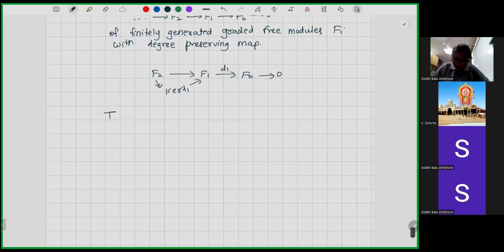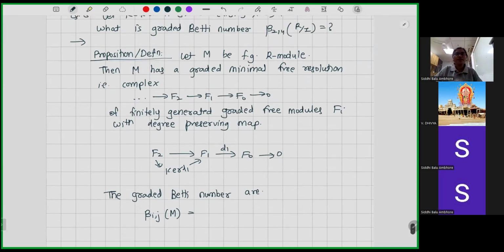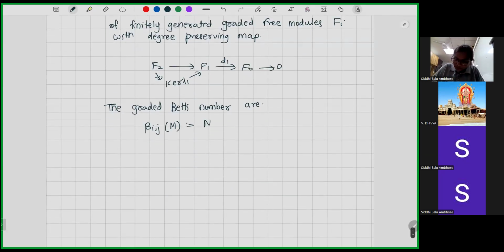And the graded Betti numbers are this beta ij of M. Since this free resolution is of M, it is the number of copies of R(-j) in Fi.